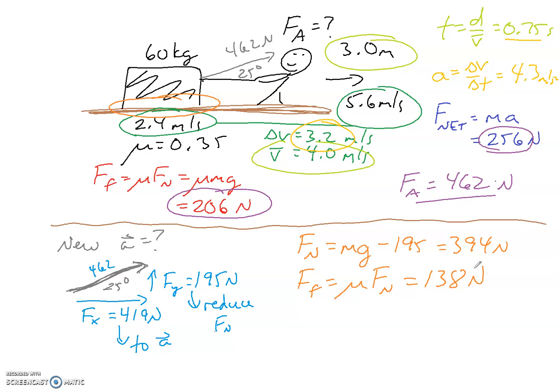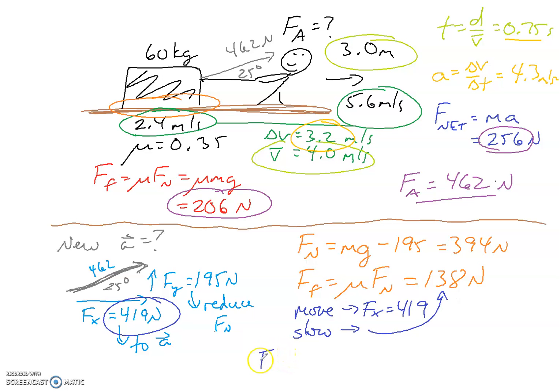So now I can find my net force the exact same way as before. What's trying to move the box is the 419. It's not the 462. Once you break apart the 462, you're not going to use it again. It's just the force in the x direction, that is the 419. In terms of my slowing force, that is my 138, my friction.